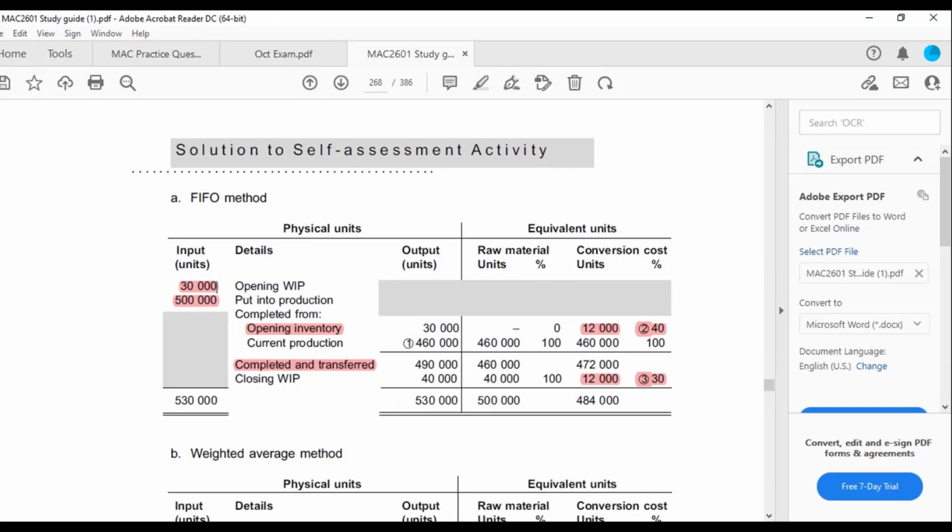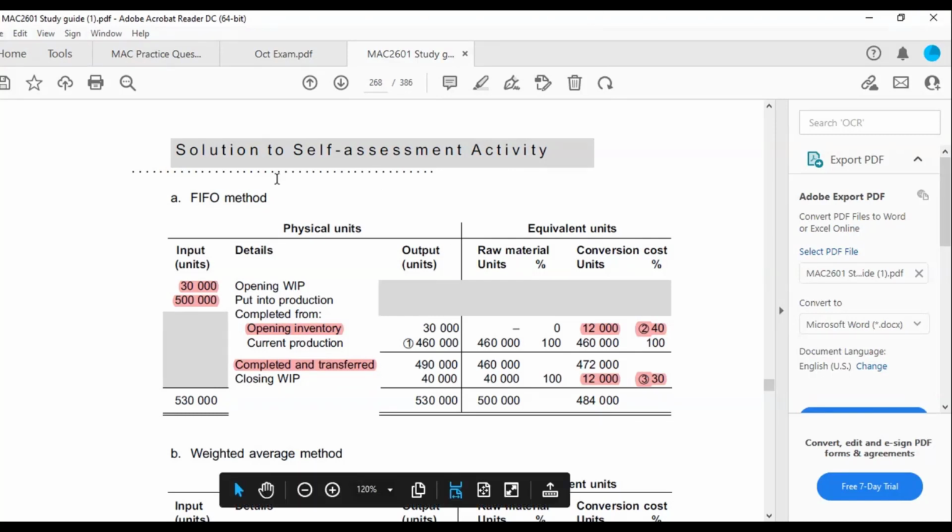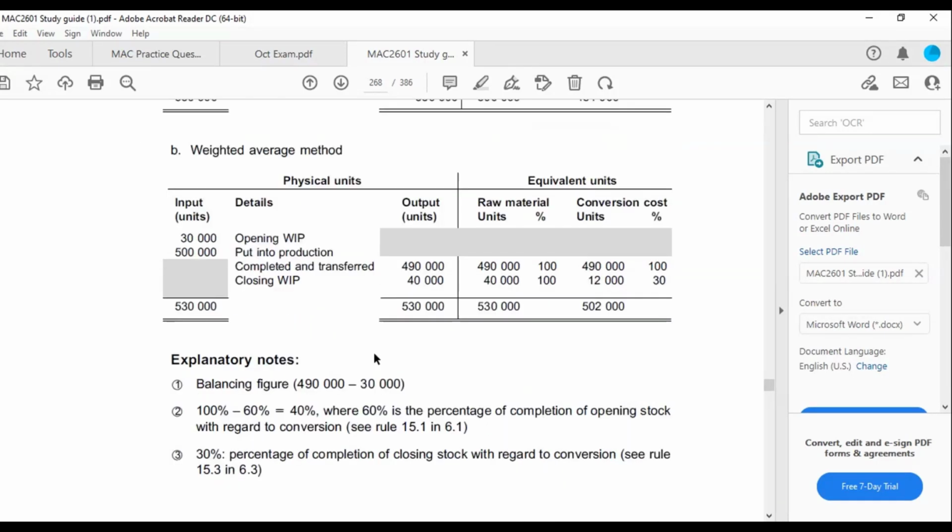However, the opening inventory, you're showing units that were fully completed in the previous period, there it is, 30,000. But when it comes to the conversion, you have to show what was incomplete from the previous period that still needs to be worked on in the current period. And we know that the valuation method doesn't affect your closing WIP. Very important.